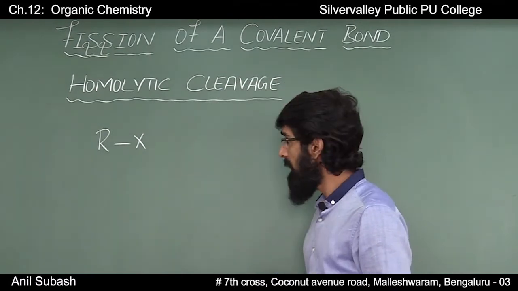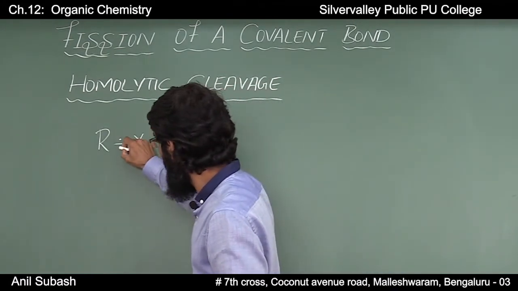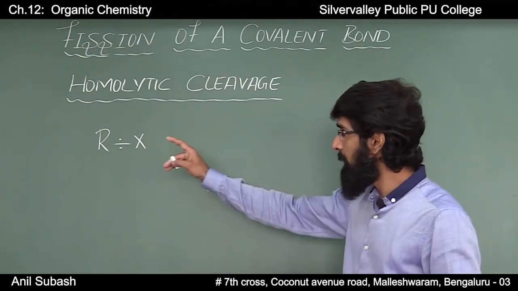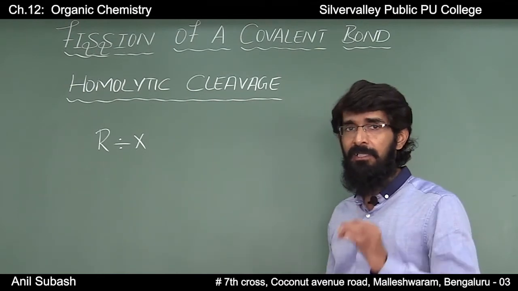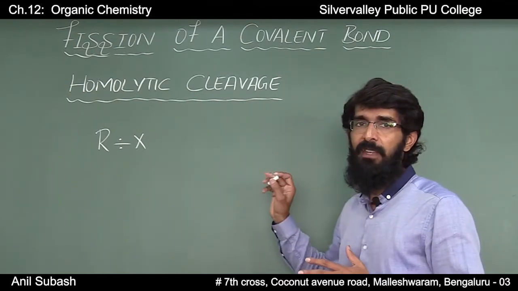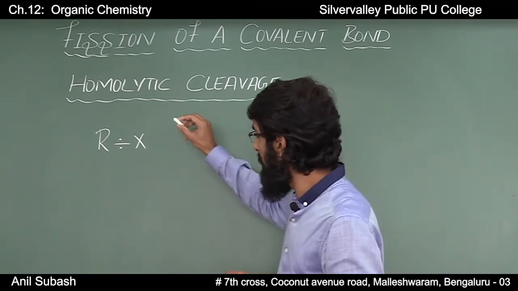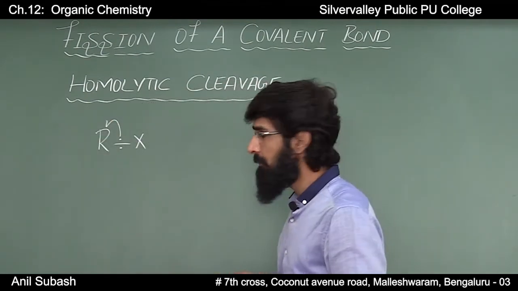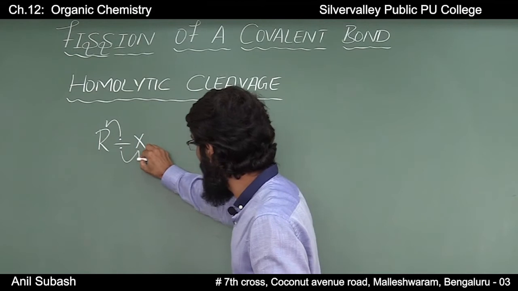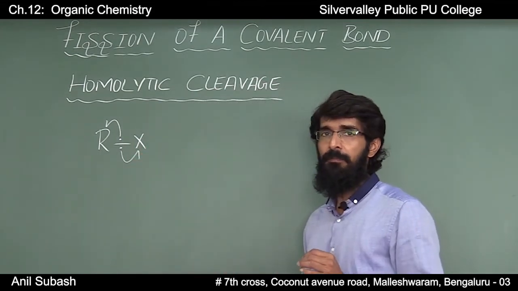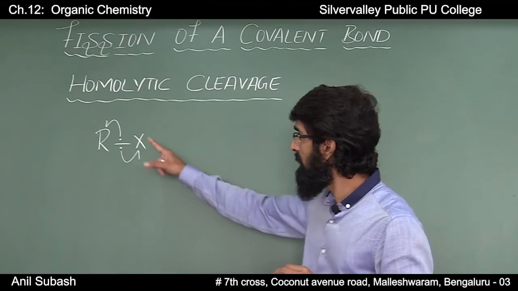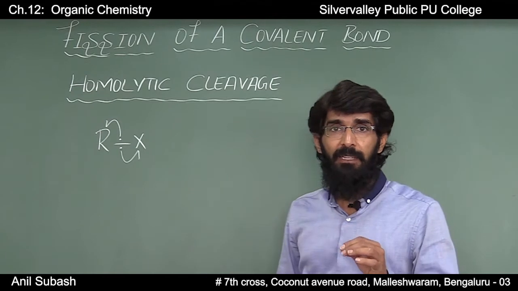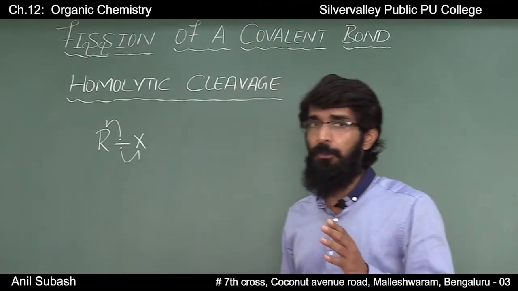RX. Here you have a shared pair of electrons between R and X. Let us assume that the bond between R and X undergoes homolytic cleavage. In this case, one electron will move along with R and the other electron will move along with X. And if you observe here, I have indicated the movement of a single electron by a half-headed arrow.